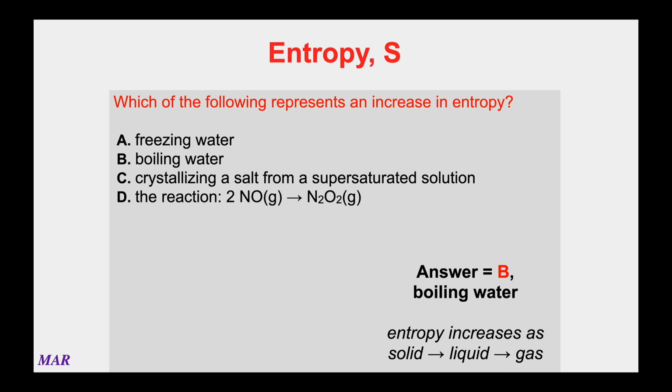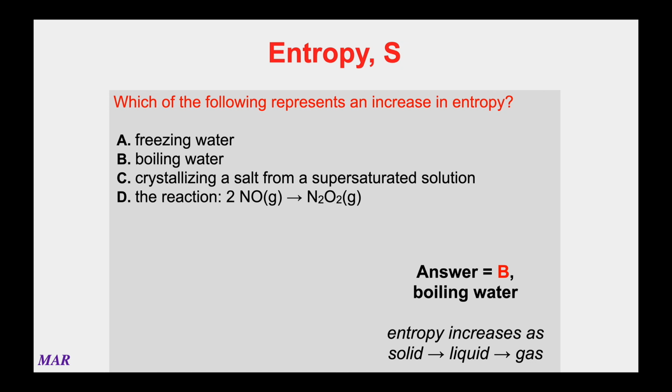Now, let's look at C and D real fast. C, crystallizing a salt. If you're crystallizing a salt from a solution, you had all the ions running around, and making a crystal, everything is nice and ordered. That's not going to increase entropy. And D is also worth commenting on. You have two molecules of NO going to one molecule of N2O2.